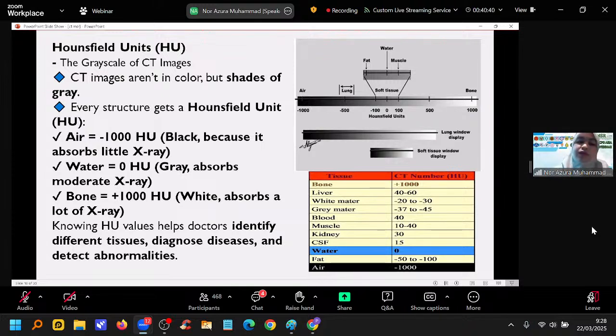So knowing the HU value can help doctors identify different tissues, diagnose disease and detect abnormalities. So this is the scale window in the human body, for the tissues in the human body. So the air, lung, fat, water, muscles, they have their own CT numbers.